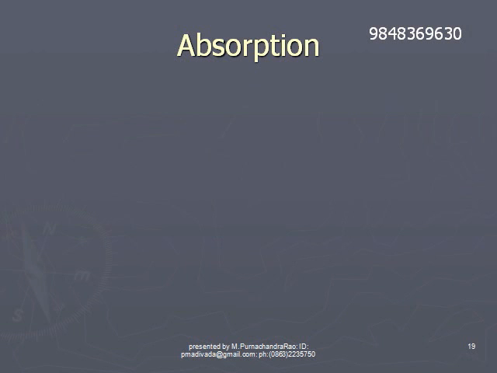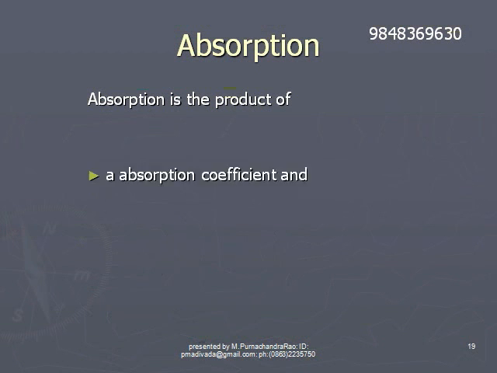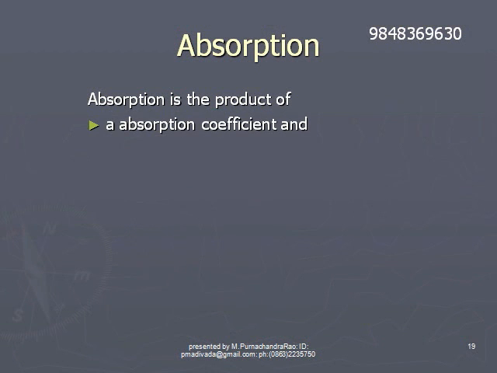Now let us study Sabine's formula. This is not a theoretically derived formula. This is an empirical relation used by Sabine. If A is absorption coefficient and S is the surface area, then AS is called absorption of that surface.